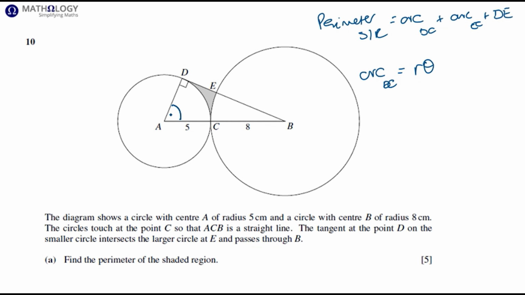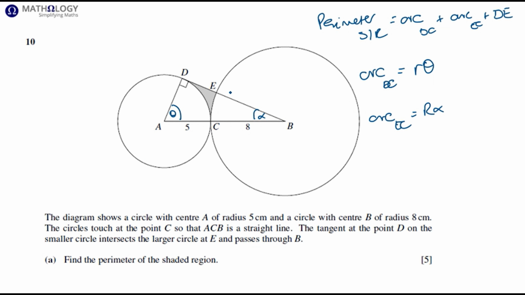Now this angle over here we'll call theta, and then the angle over there we'll call alpha. So arc length DC will be the radius AD or AC times theta, and arc length EC will be radius, and we'll just call that capital R just to distinguish it from the radius of the smaller circle, times alpha.